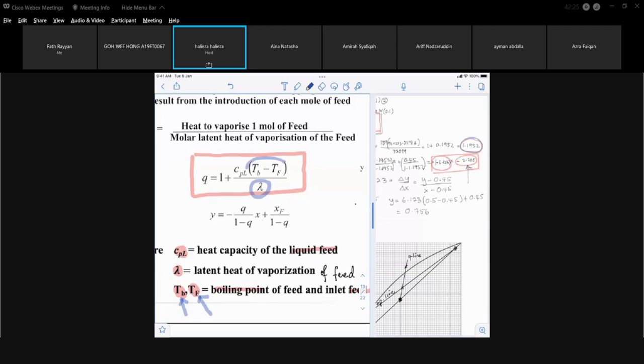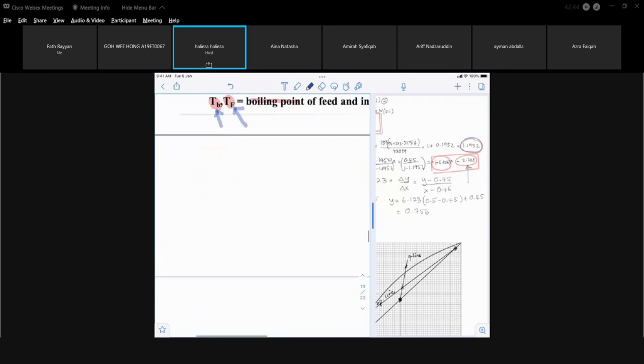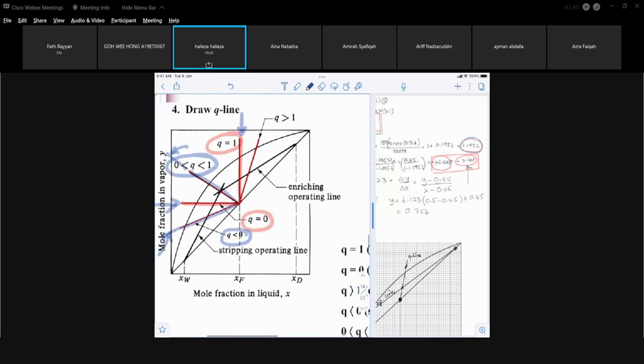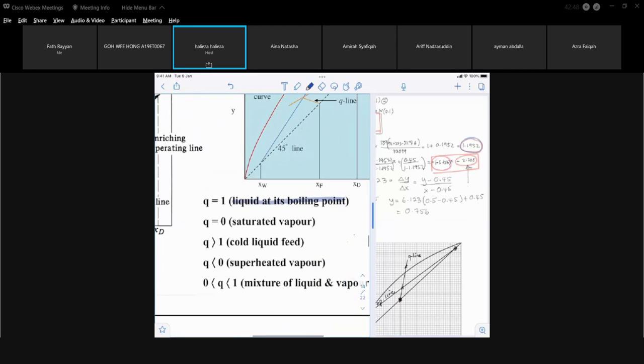So this will become 1 minus 1, the same value, equal to TB, and that will become 0, isn't it? So the whole thing becomes 0. You end up with Q equal to 1. So when your feed is at its boiling point, then Q equals 1. When Q equals 1, you have a vertical line for your Q line.